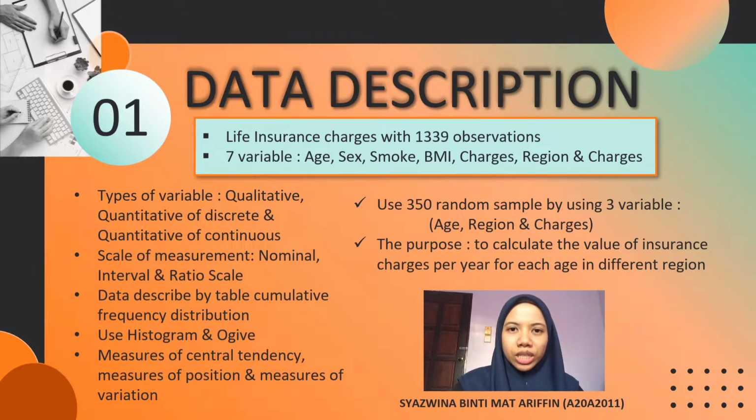From our discussion, we decide to use a 350 random sample by using 3 variables: age, region, and charges, to calculate the value of life insurance charges per year for each age in different regions.